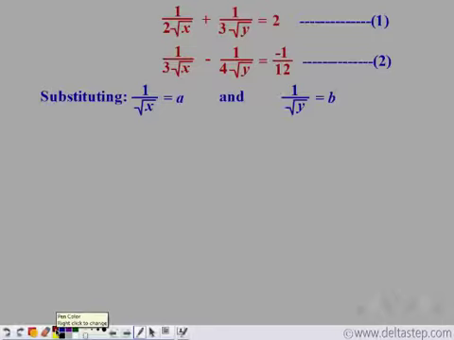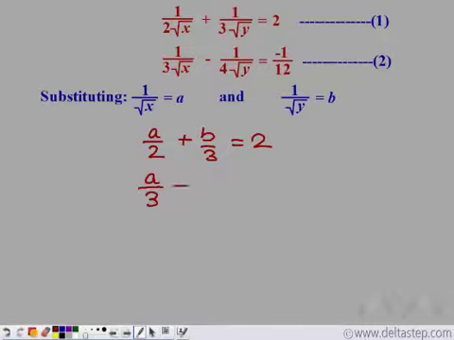So the first equation becomes a by 2 plus b by 3 is equal to 2, because 1 by root x is written as a, 1 by root y is written as b. The second equation becomes a by 3 minus b by 4 is equal to negative 1 by 12.